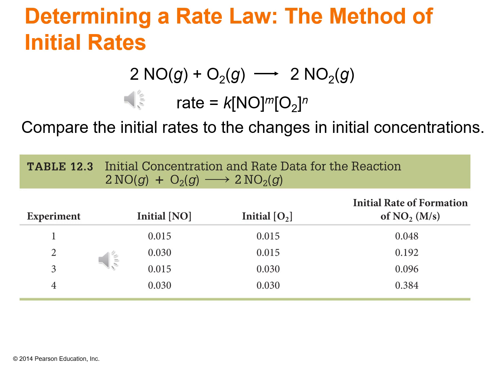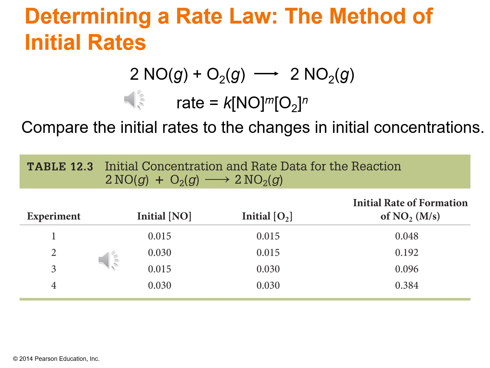The initial rate increases by a factor of 4, from 0.048 to 0.192, indicating that the rate depends on the concentration of the nitrogen monoxide being squared.